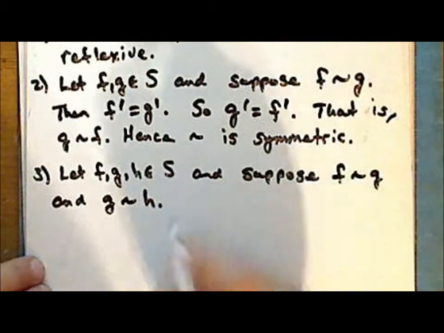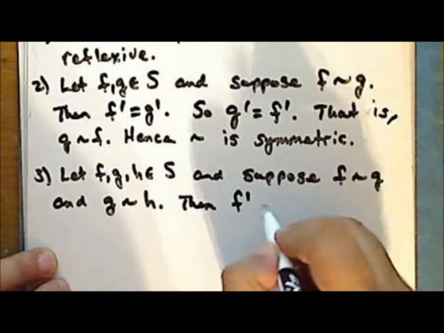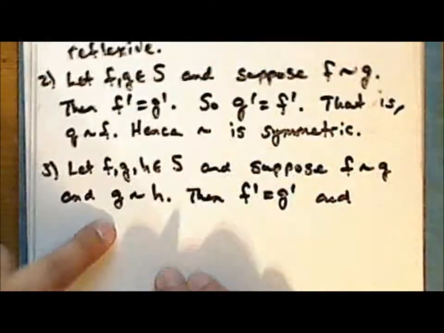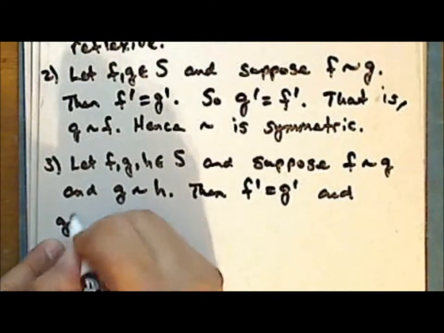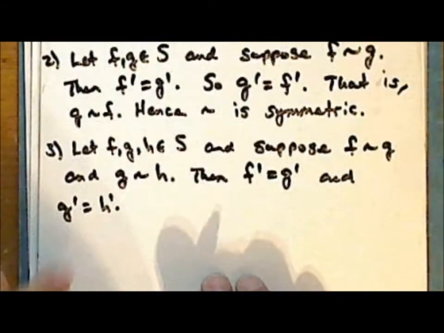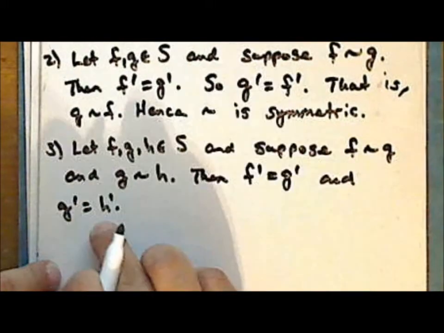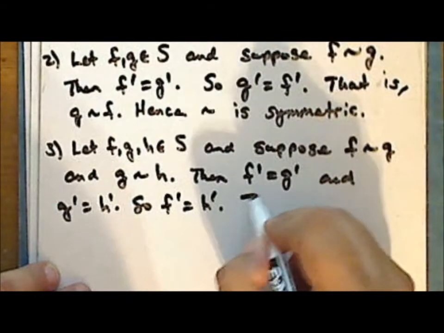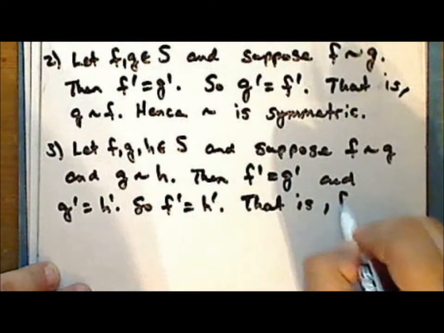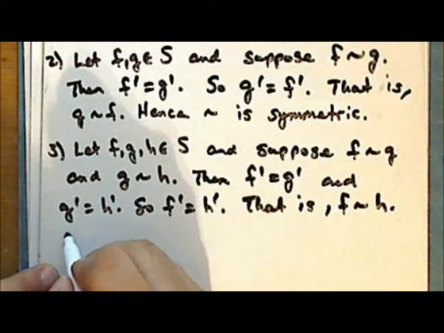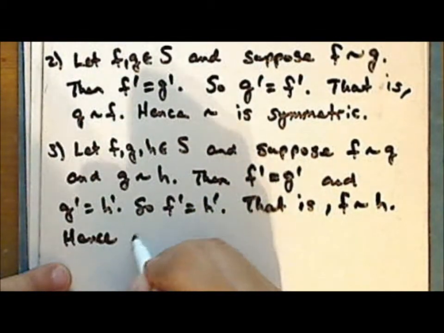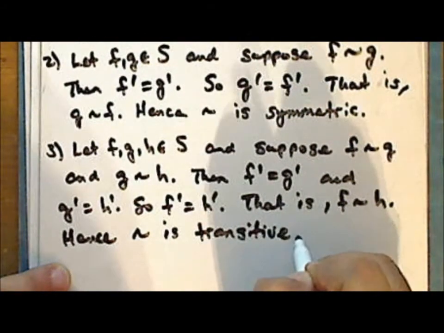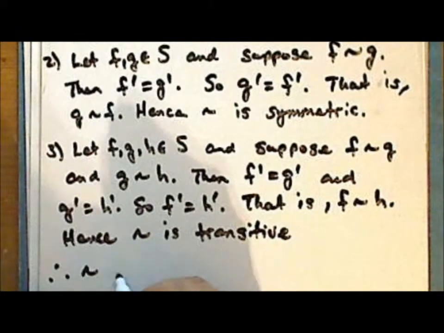Then by definition, we have that f prime is equal to g prime, and from the second relation we have that g prime is equal to h prime, and so f prime is equal to g prime, which is equal to h prime, and so f prime is equal to h prime, and that is f is related to h. And so the relation is transitive, and therefore the relation is an equivalence relation.